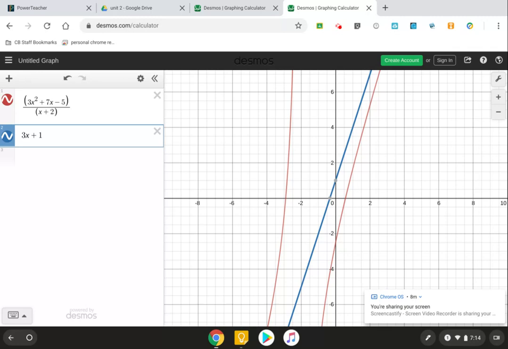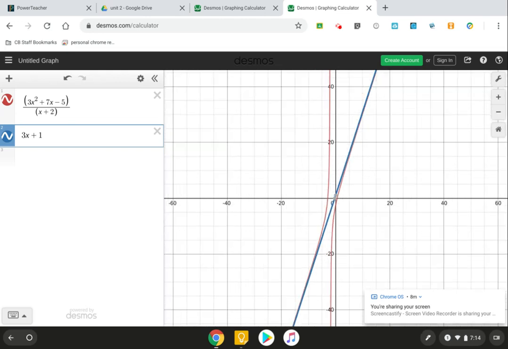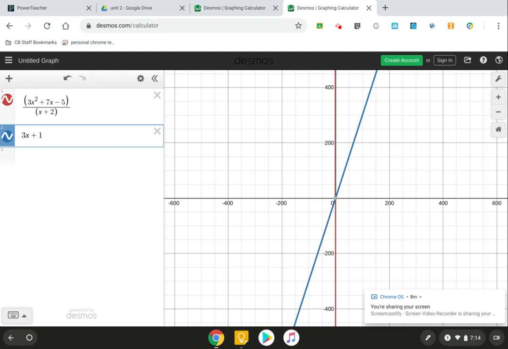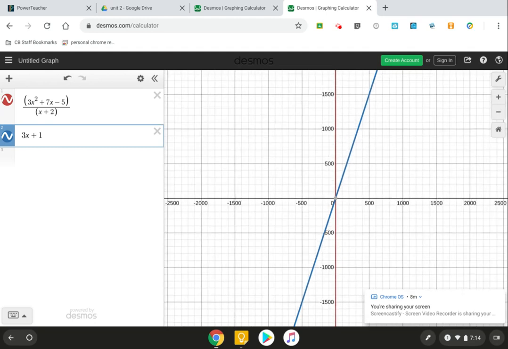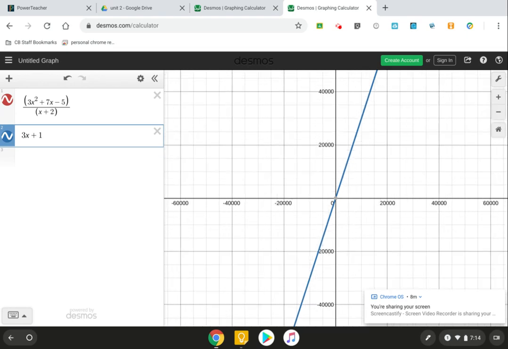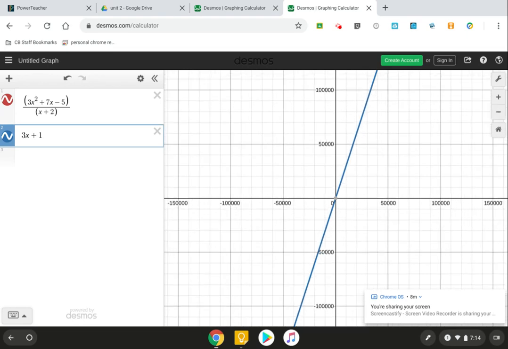But if I zoom out enough, the red graph and the blue graph almost become indistinguishable. They almost look exactly the same. And that, by definition, is what end behavior is.